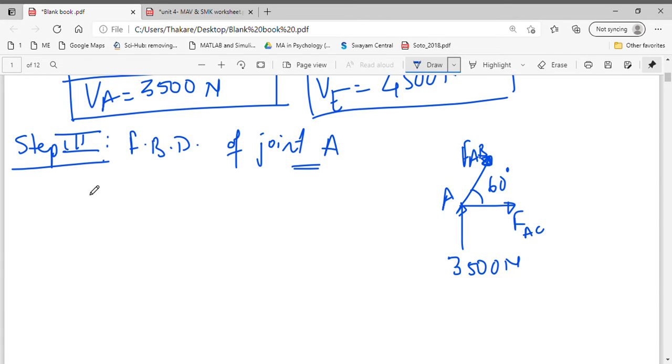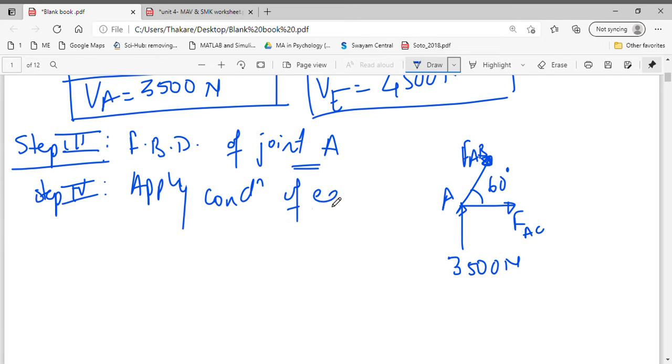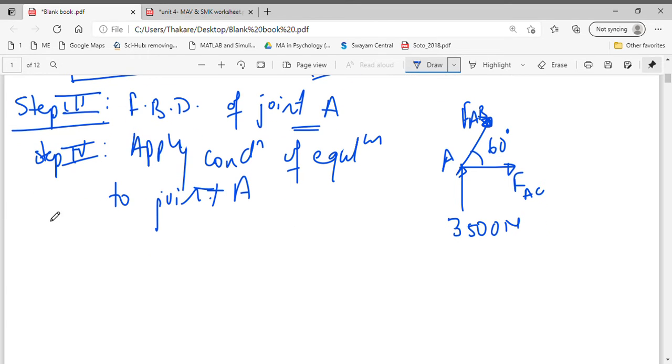Apply conditions of equilibrium. Your step 4 will be to apply conditions of equilibrium to joint A. Now this is a concurrent force system, so we have only 2 conditions of equilibrium. One will be taking summation of forces in x equals to 0, considering forces acting towards right as positive.